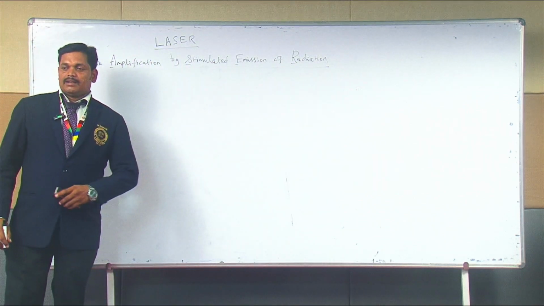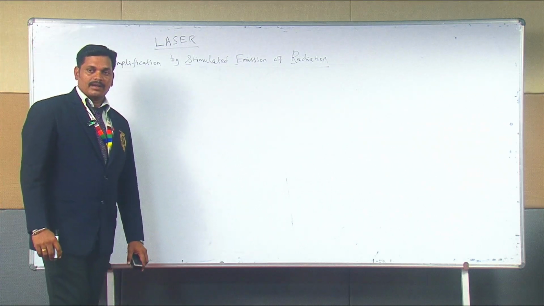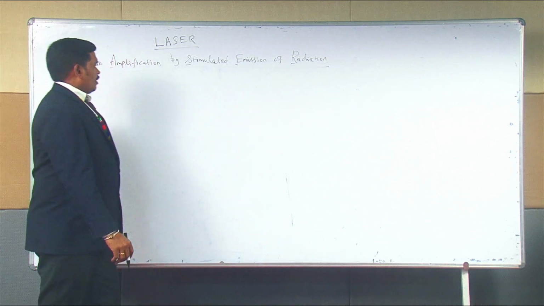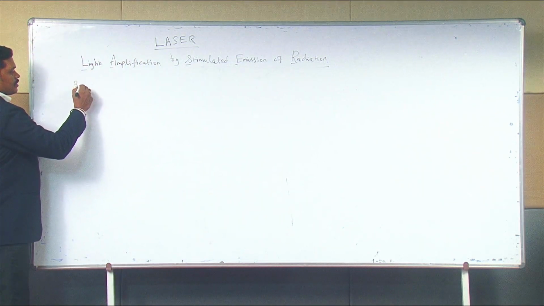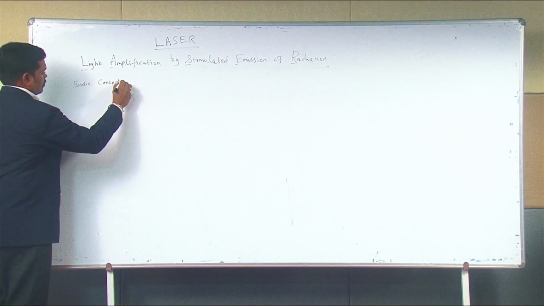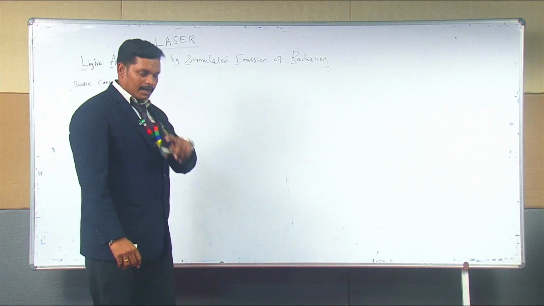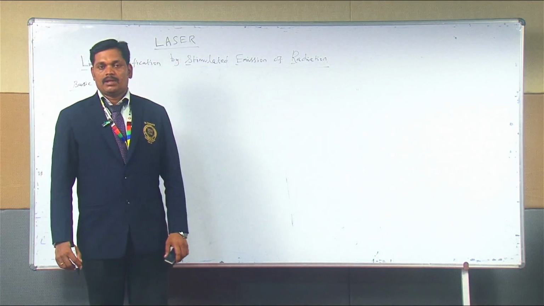Comparing with ordinary light, laser has high intensity, is monochromatic, and is collimated. So there are some basic concepts about laser. The basic concept is, comparing with ordinary light, how we are getting continuous emission of light in the laser.